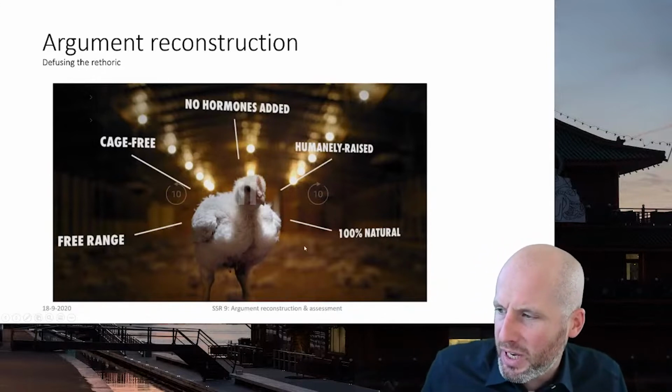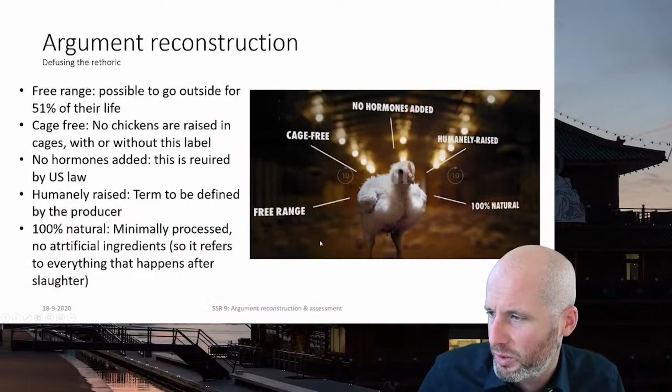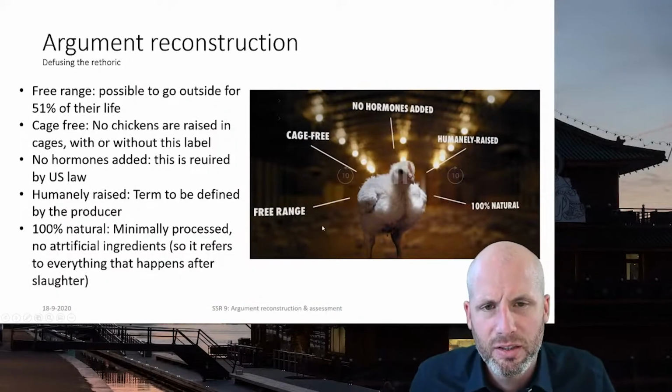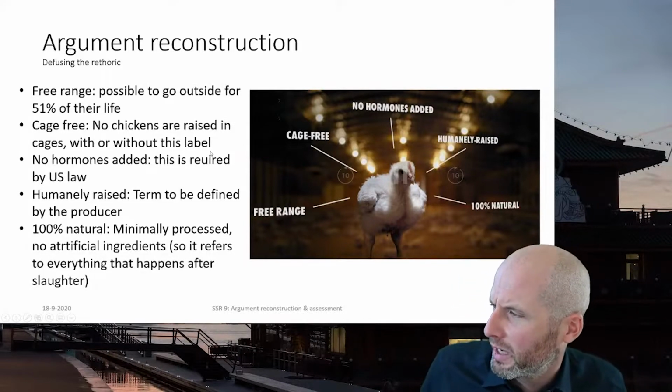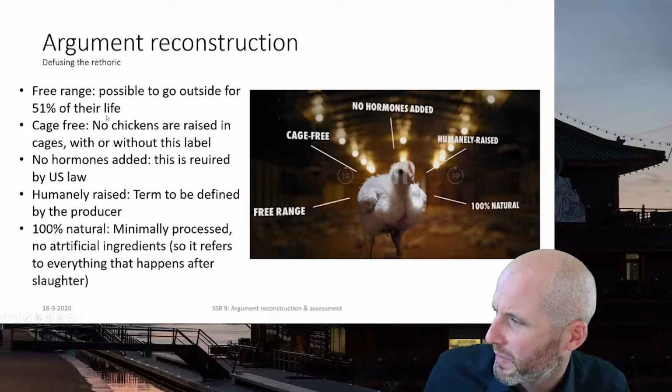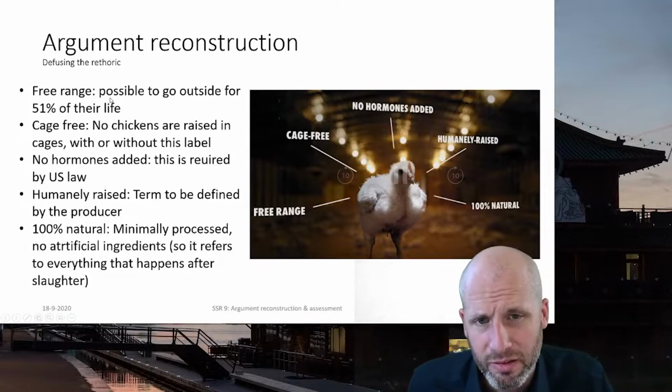But the actual terms have no relevant meaning in this context, and that's why he could use them. He could use these terms and still get the seal of approval from the relevant agencies in the government, because free range is defined as chickens, in this case, that have the possibility to go outside for 51% of their life.